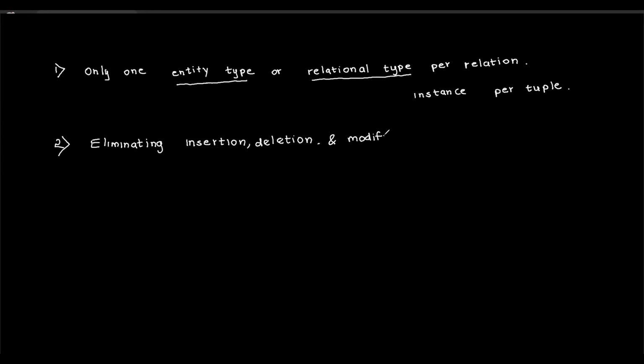This is the second informal design guideline that we use for our relational schema. The third one is minimizing null values. This is the third guideline.